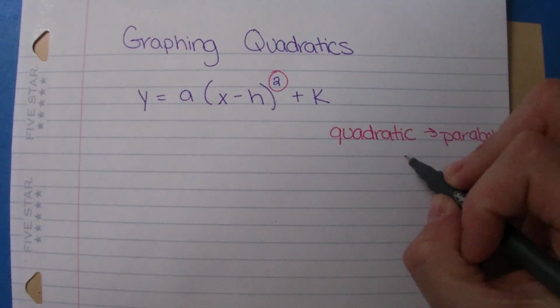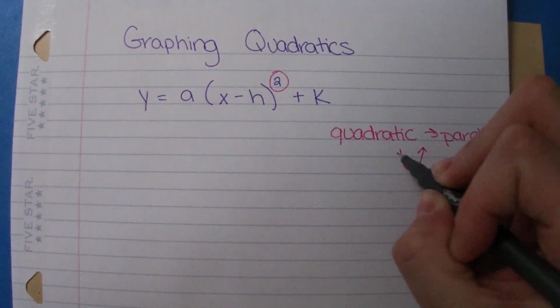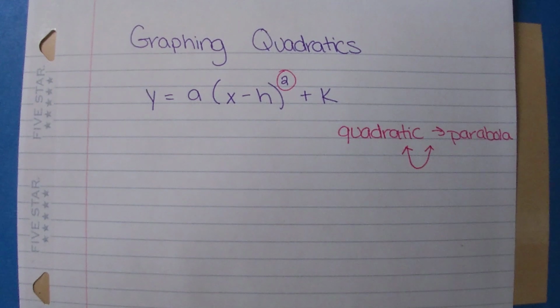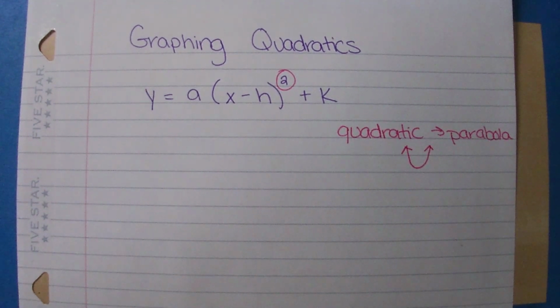A parabola is a U-shaped graph. You've seen these graphs when we were using Desmos to graph quadratics before spring break, and we were looking at those x-intercepts. But this is always the shape that the graph will make. It will always be a parabola, always a U shape.